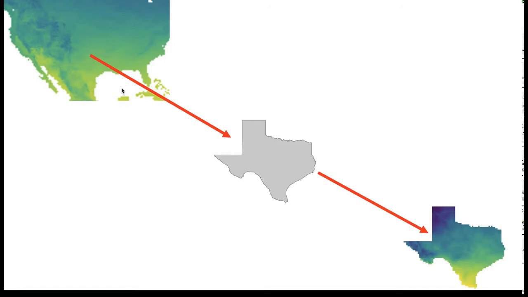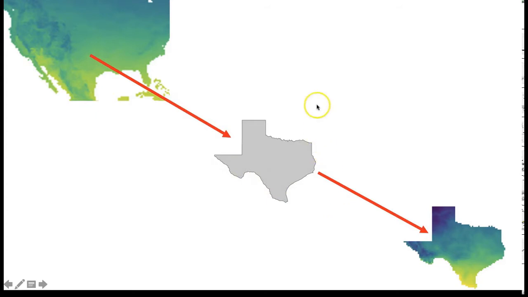You don't want to be applying your analyses at the level of the entire world. You only want to be applying them at the level of Texas. You're going to want to define your spatial extent to be that of the state of Texas. And so you'll often be clipping your raster layers to a smaller size depending upon your area of interest.